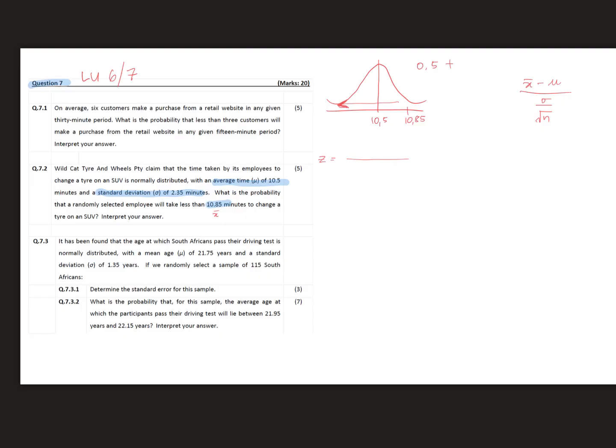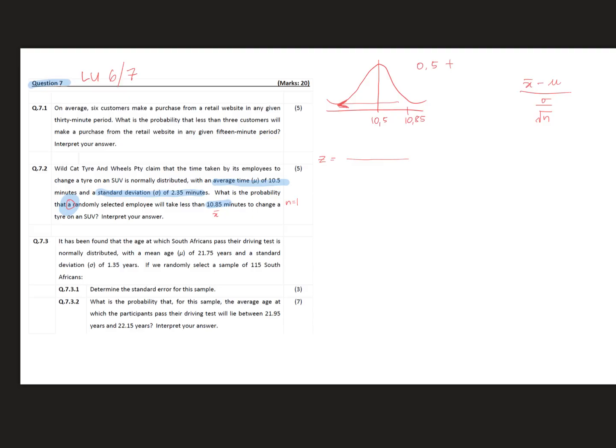what is the probability that a randomly selected employee. The word a says to you that n is basically equal to 1. It's one person that they're looking at, and what the probability is of that person taking less than 10.85 minutes to change a tire.